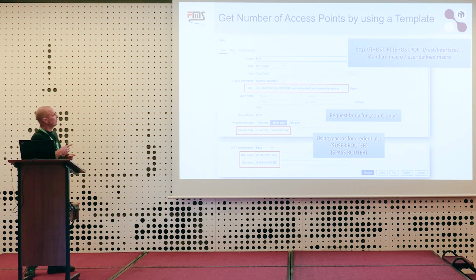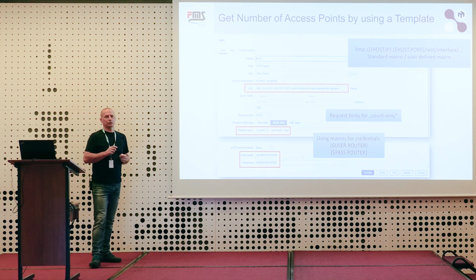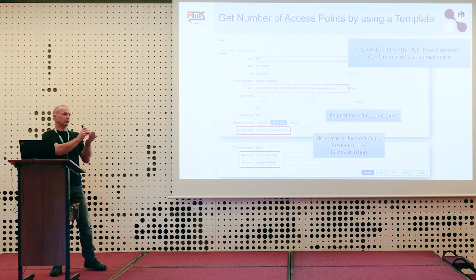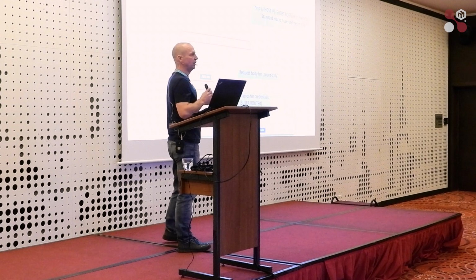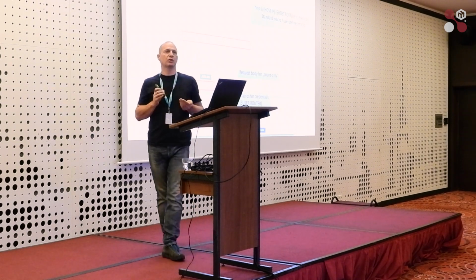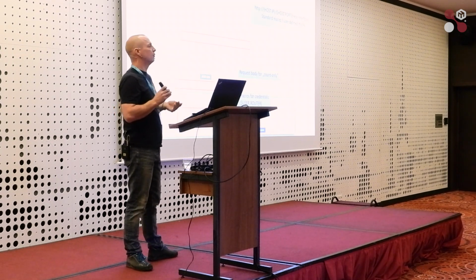And there are 2 more things that you can see here. That is all the curly brackets. Since we're creating those items not for a dedicated host, but for a template, we can, for example, not name the IP address of the host here. And we have to use something called a macro. Macros are base concepts of Zabbix, and here you see 2 types of macros.